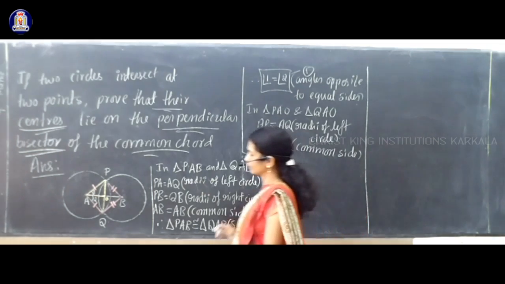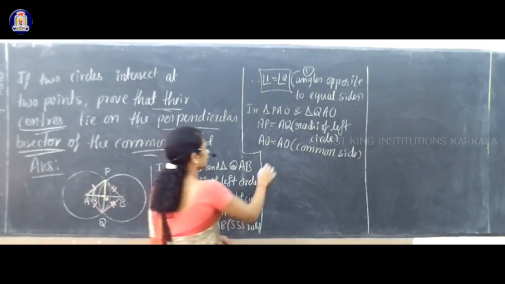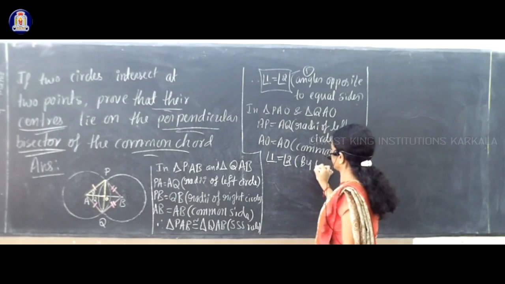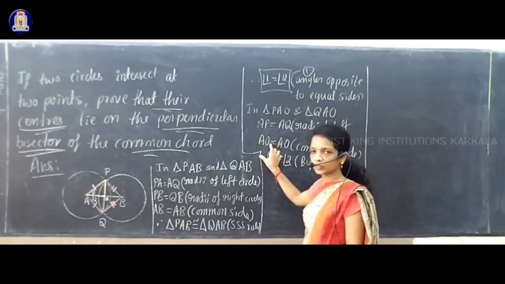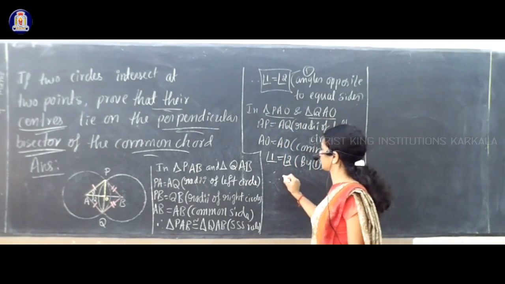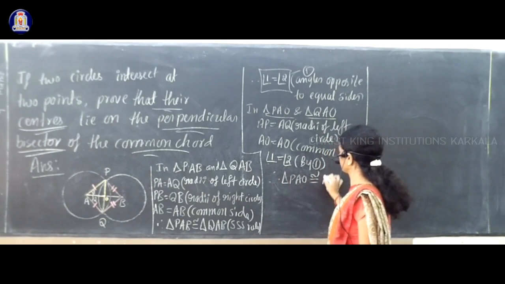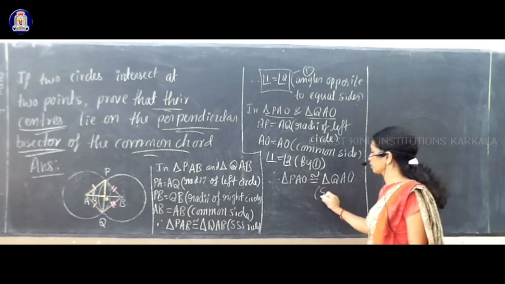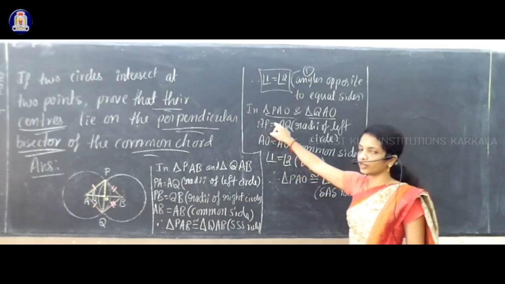Just now we proved angle 1 is equal to angle 2, so angle 1 is equal to angle 2 by equation 1. Here we used two sides and one pair of angles, so these two triangles are congruent. Therefore triangle PAO is congruent to triangle QAO, by the SAS rule. We used only one pair of angles and two pairs of sides.